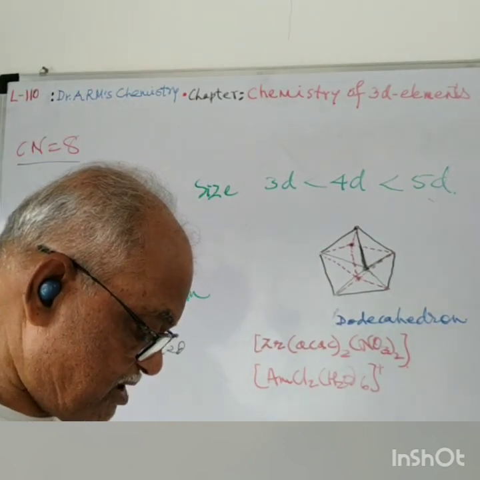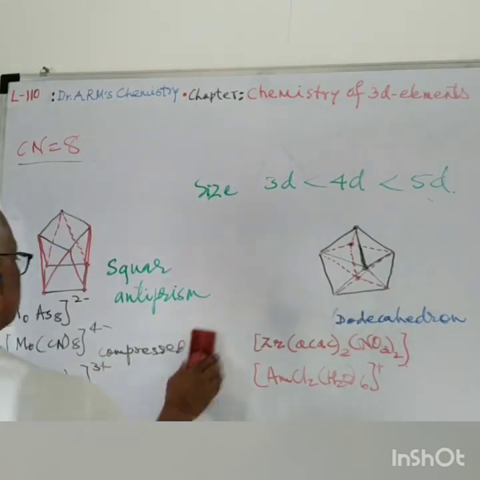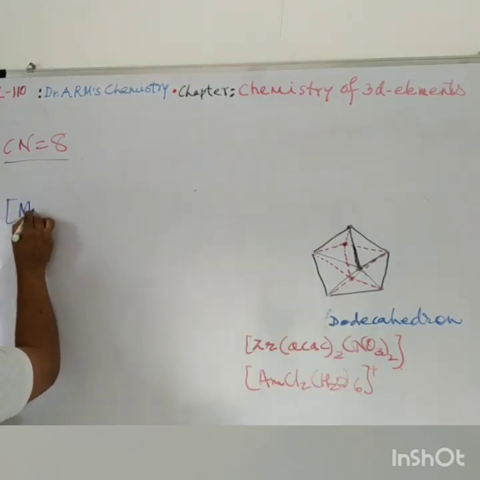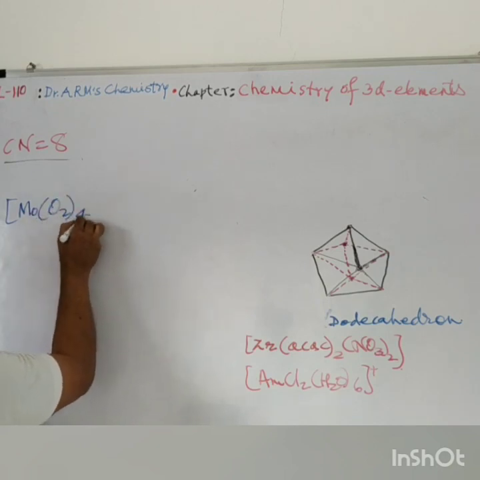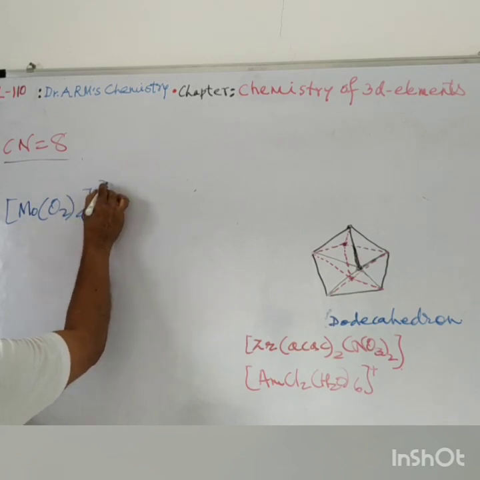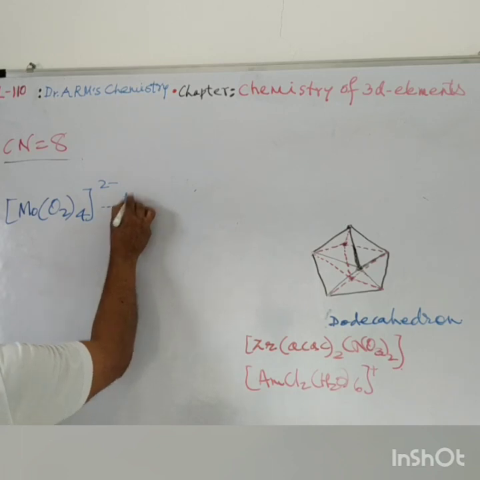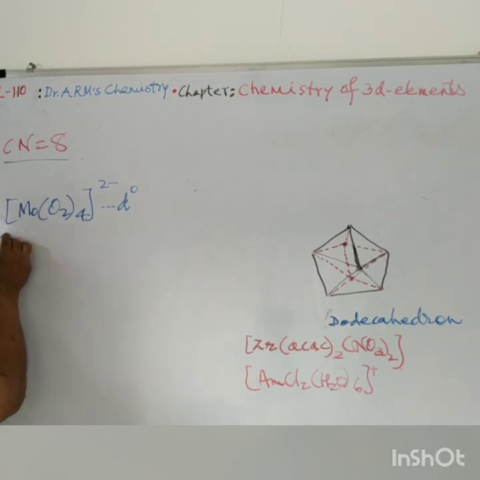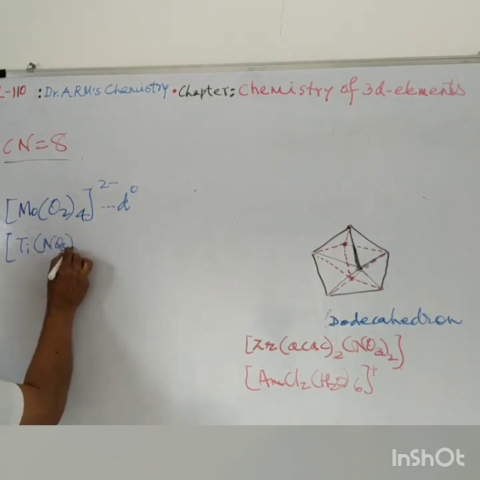Now we can have some bidentate ligands and their examples of such structures. We can remember these examples: Mo(O2)4 2-. This is an example of d0 configuration. Another is Ti(NO3)4.